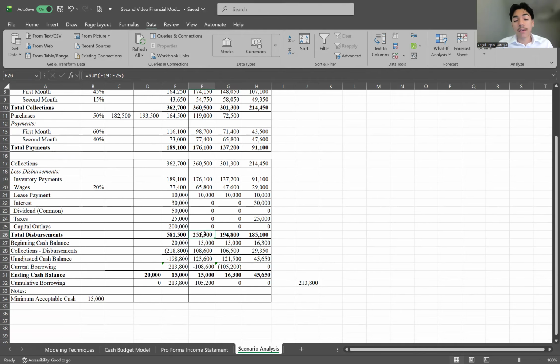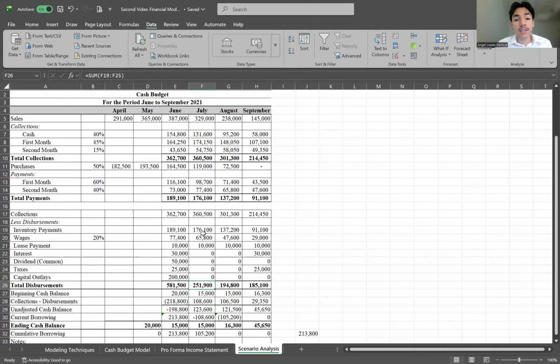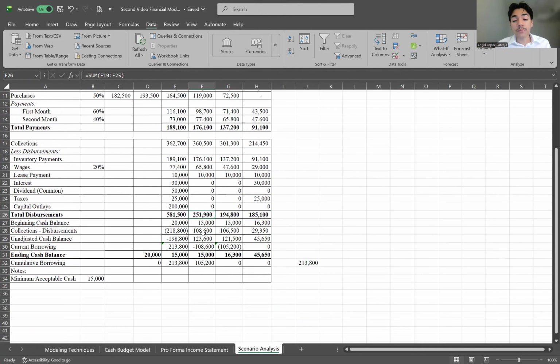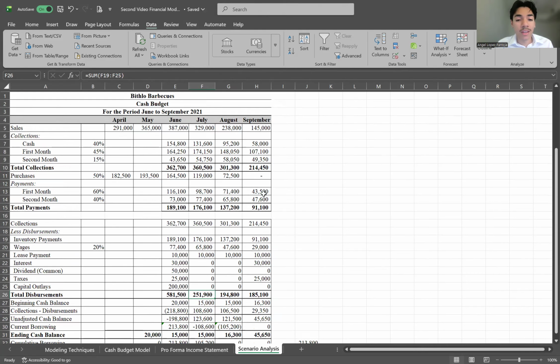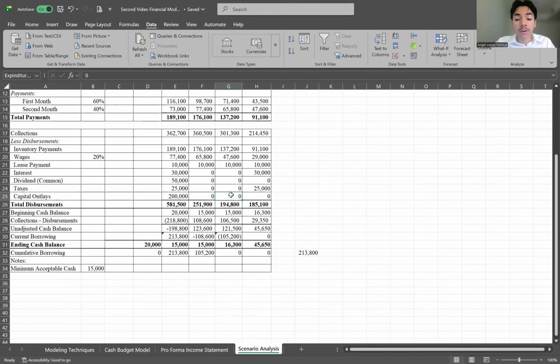But here we do see if we were to buy expenditures in June, our borrowing goes up to 213,000, almost $214,000, which is not what we want. So it would be better if we did not buy in June.